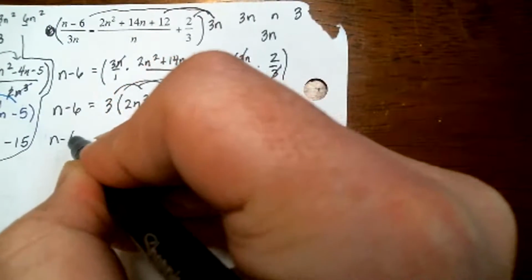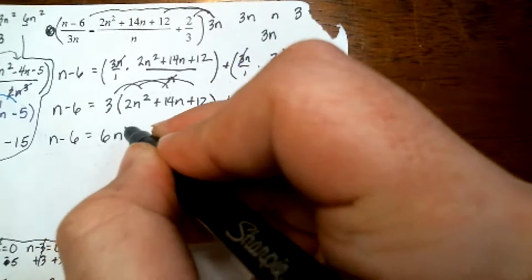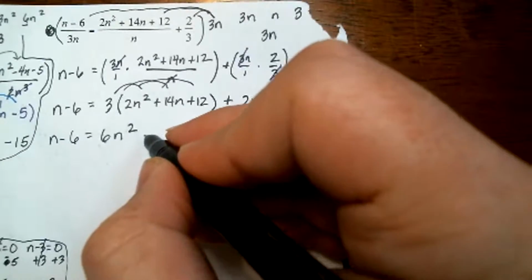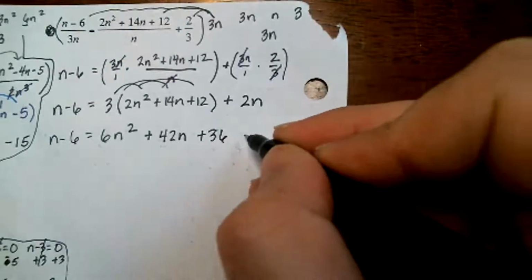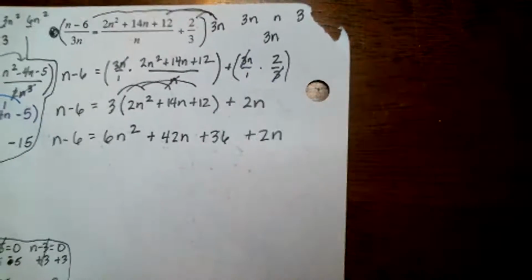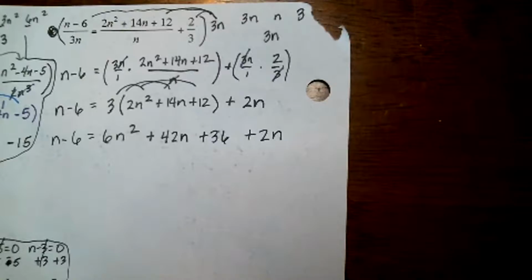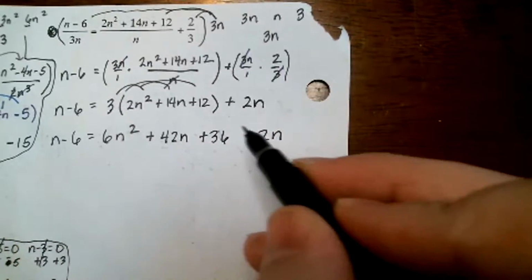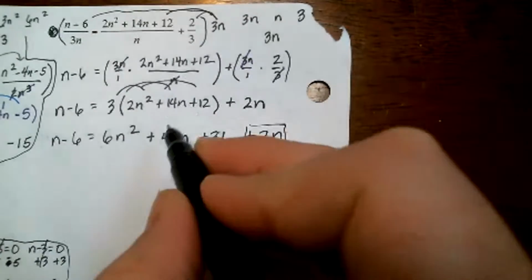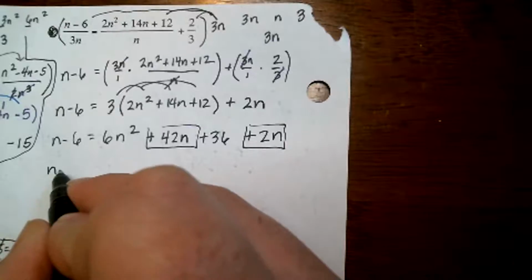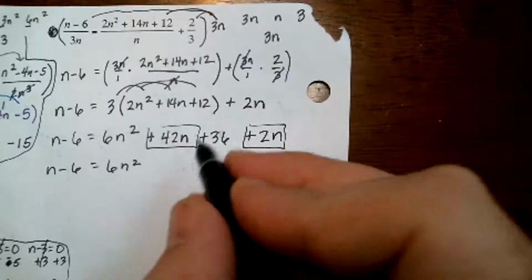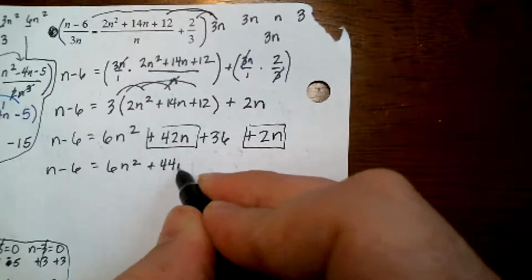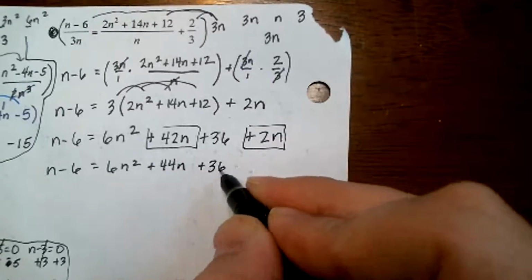That's n minus 6 is equal to 6n squared, 14 times 3 is 42n plus 36, and then plus the 2n in there. So then I combine 2n and 42n, and I get n minus 6 is equal to 6n squared plus 44n plus 36.